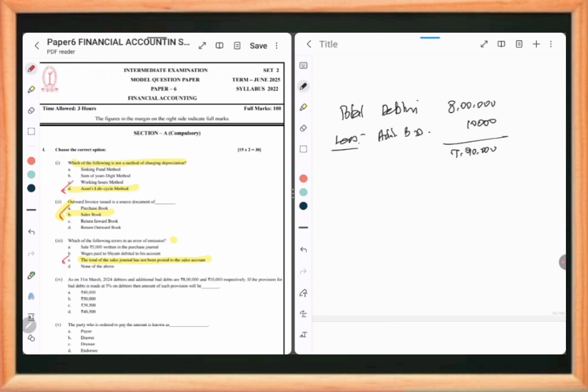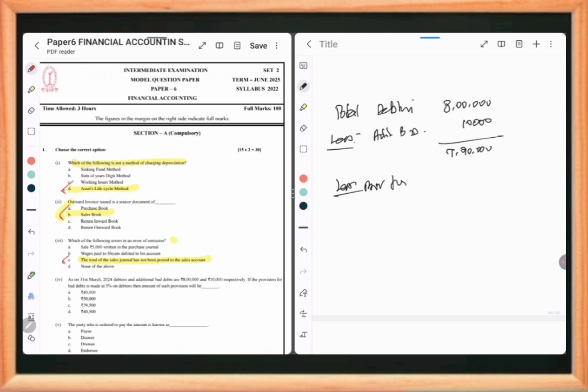That is 5% we have to create. So less provision for bad and doubtful debts at 5%. So 7,90,000 into 5% is 39,500 rupees. Actually 39,500 rupees is the correct answer. So C is the correct answer. Please make note of it.